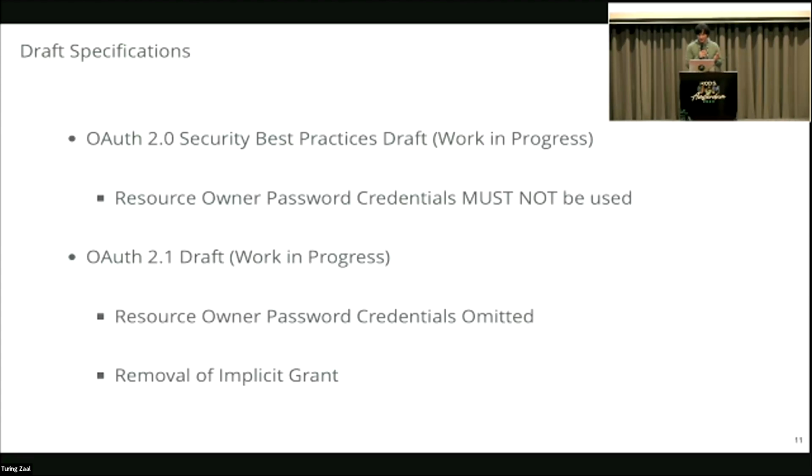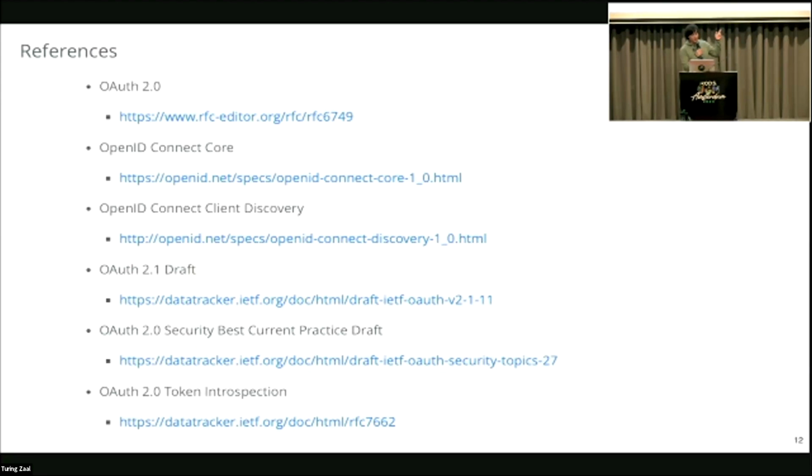Also, there are some other changes in there. Some other points of interest are references to all the OAuth and OpenID Connect items, as well as token introspection. Some other items of interest are in regards to the handling of JWTs.